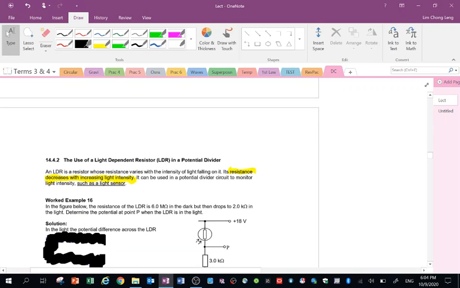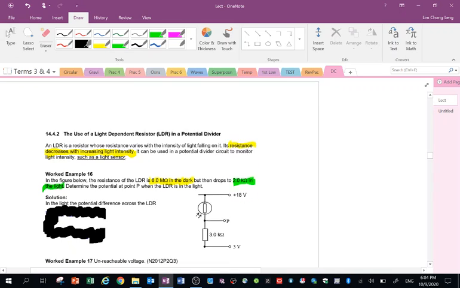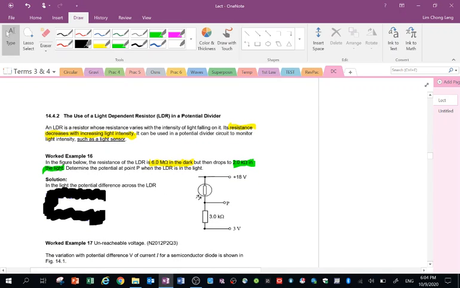So in this case, when it is in the dark, the resistance is high. When it is in the light, the resistance is low. Relative to each other, 2 kilo ohm is low compared with 6 mega ohm. 6 mega ohm is much bigger than 2 kilo ohm. So we must focus on what the question wants.